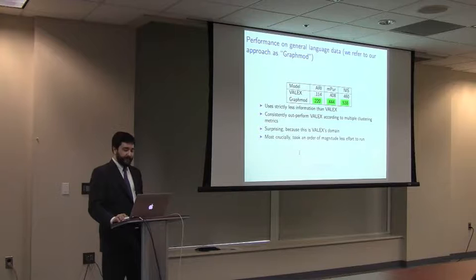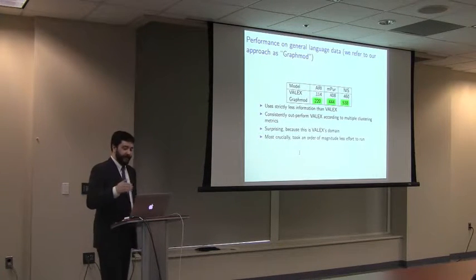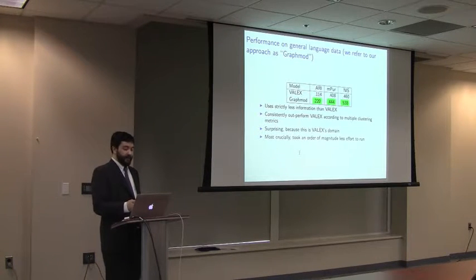The first thing that we compared was how our system, which we're calling GraphMod, performed versus Valex on general language, which is where we expected Valex to be strongest. We used the parsing features method for finding syntactic observations, but it uses less information than the Valex rules, the handmade rules.